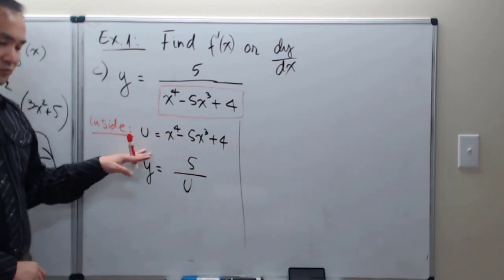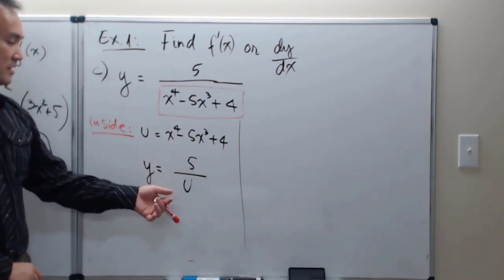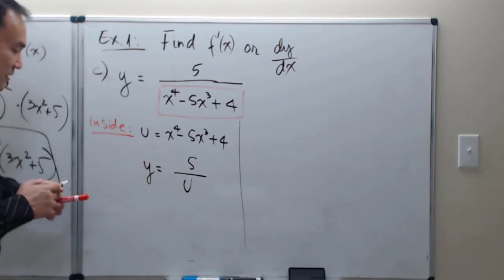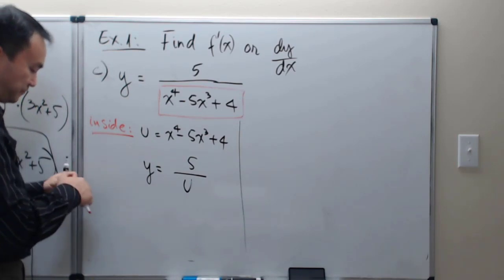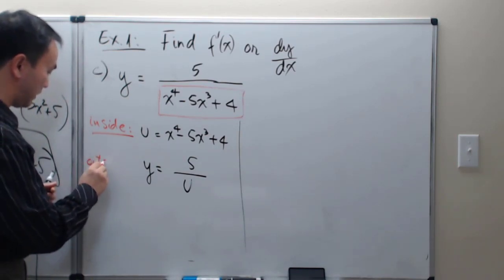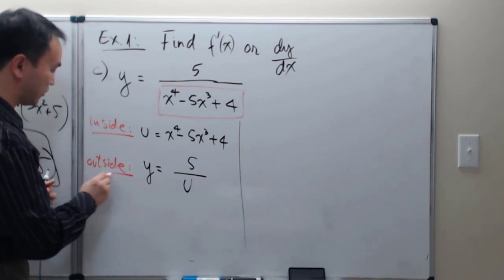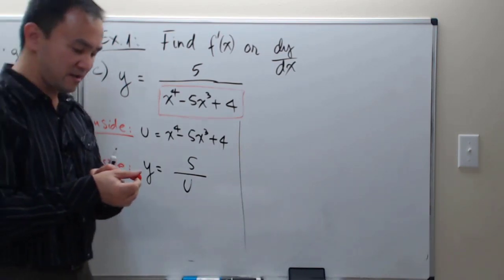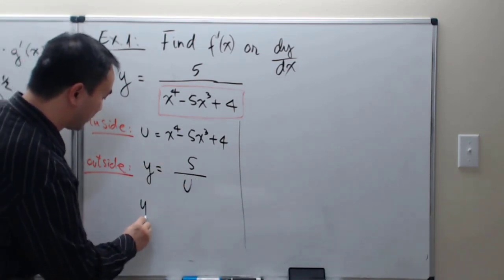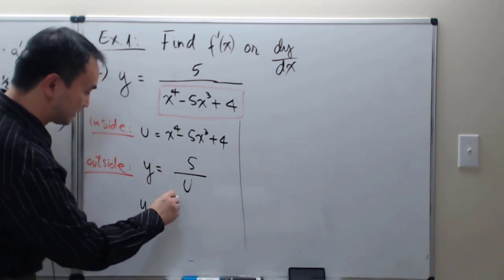So we have completely substituted away the x expression. Now this can be regarded as our outside function or outside expression.